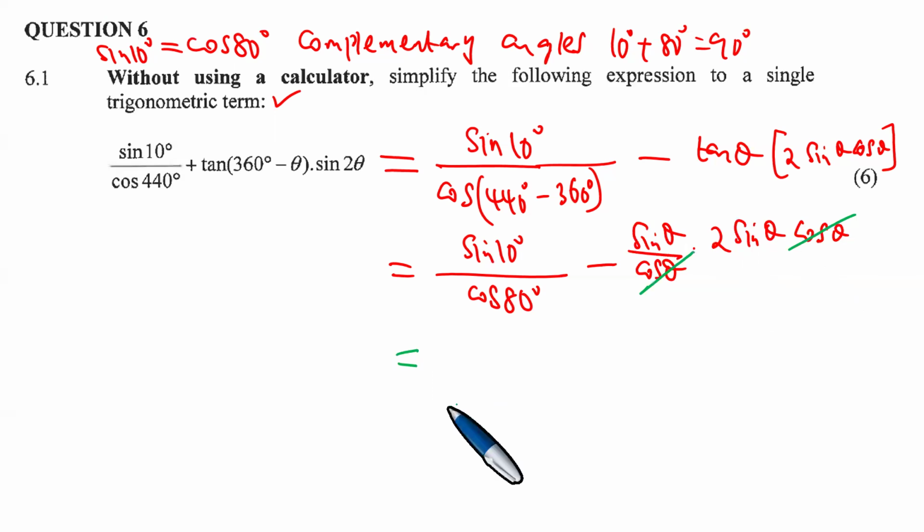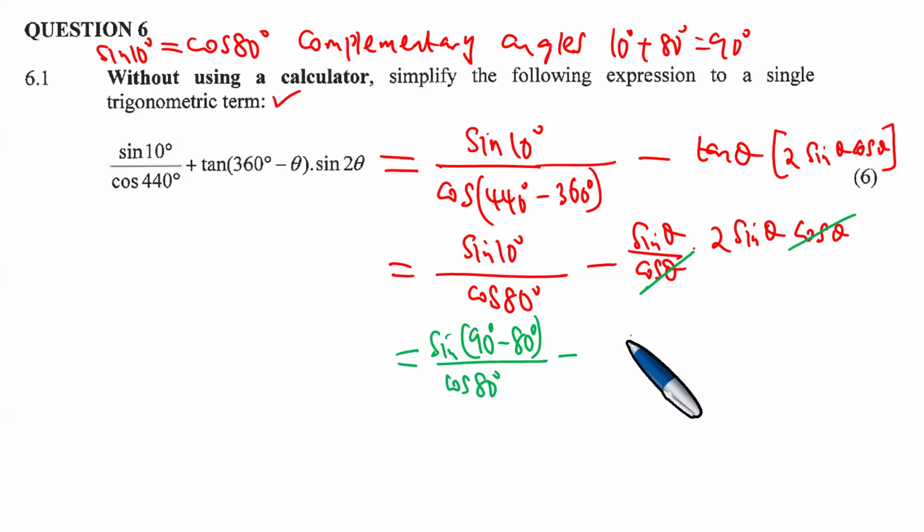So for a student who does not know that, the sine of 10 can be written as cosine of 90 degrees minus 10, over cosine 80 degrees, so it's minus 2. Sine by sine is actually sine squared of theta.